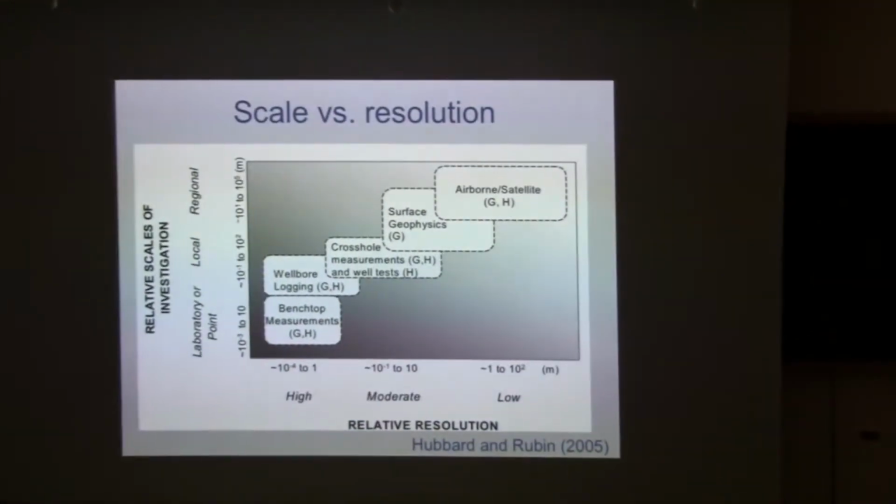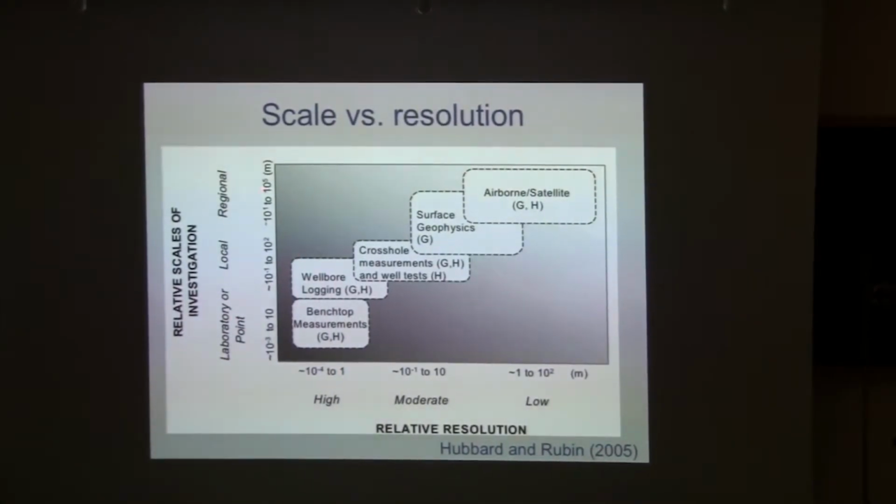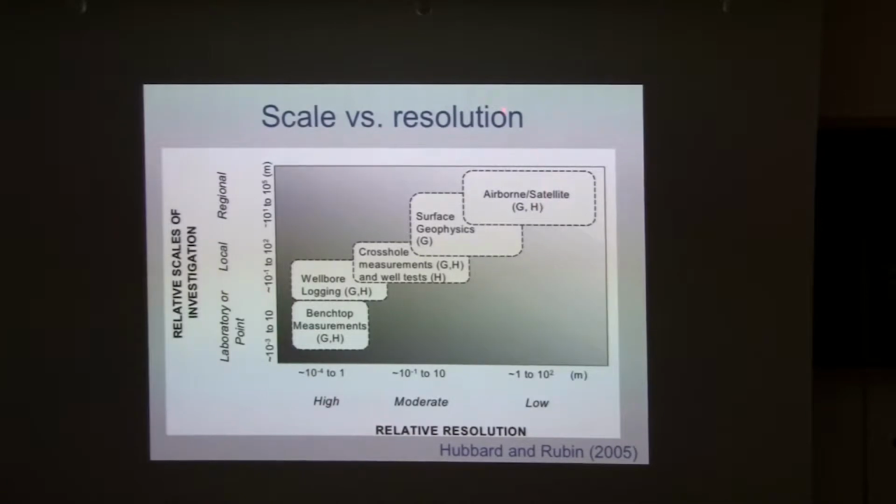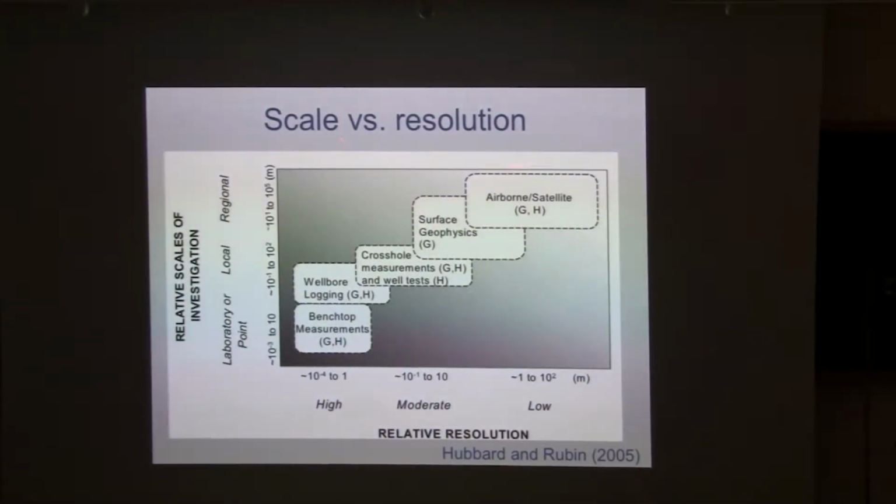When we go to larger scale, at least for a given budget, basically what it means is that the details that we can resolve, so the resolution of our images, will be lower, or the resolution is larger, so we say that that's a worse resolution.